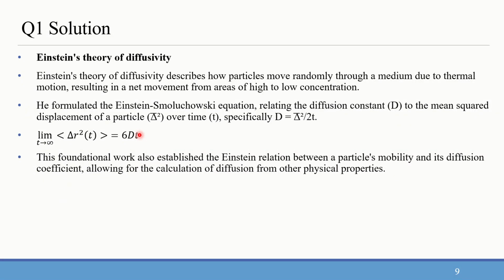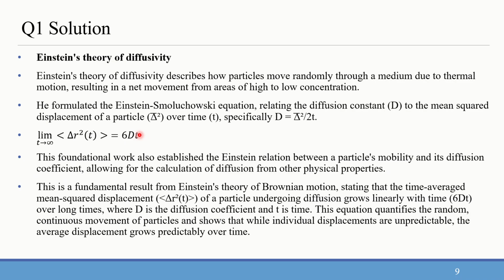This foundational work also established the Einstein relation between a particle's mobility and its diffusion coefficient, allowing for the calculation of diffusion from other properties. This is a fundamental result from Einstein's theory of Brownian motion, stating that the time-averaged mean square displacement, delta r squared of t, of a particle undergoing diffusion grows linearly with time.